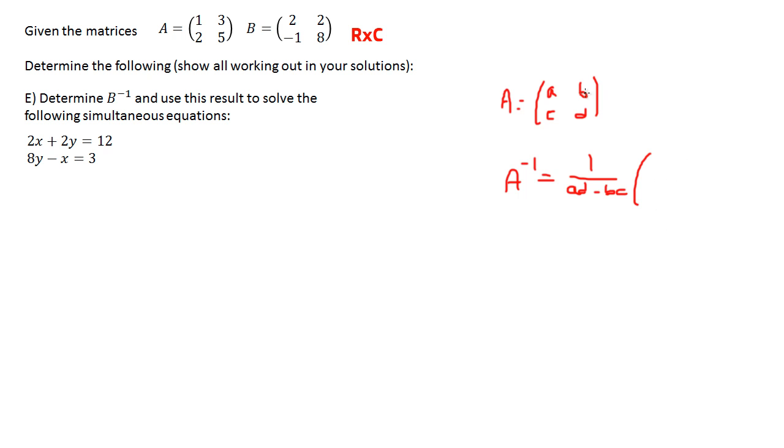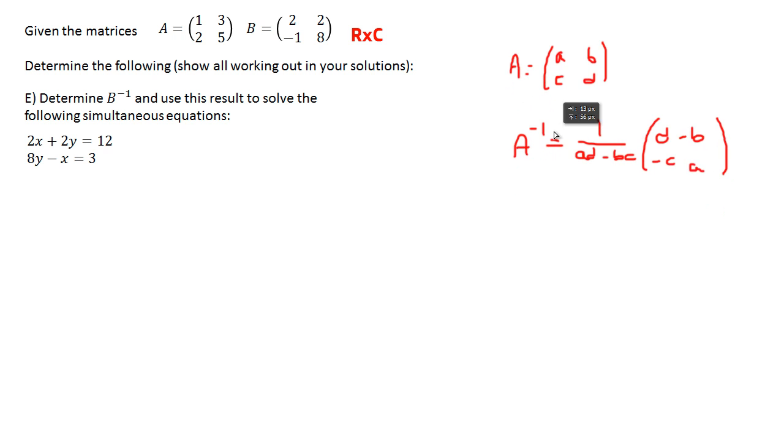So the A and the D swap places, so it becomes D and A, and then B and C turn negative, so minus B and minus C. And this is essentially what we're gonna have to know.